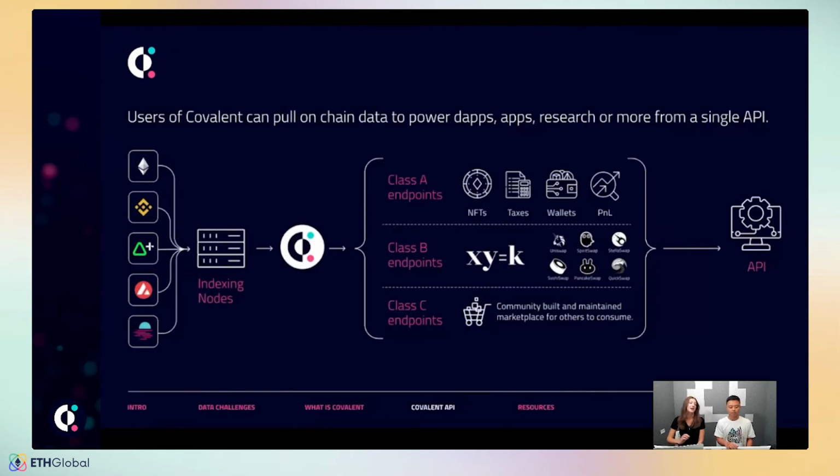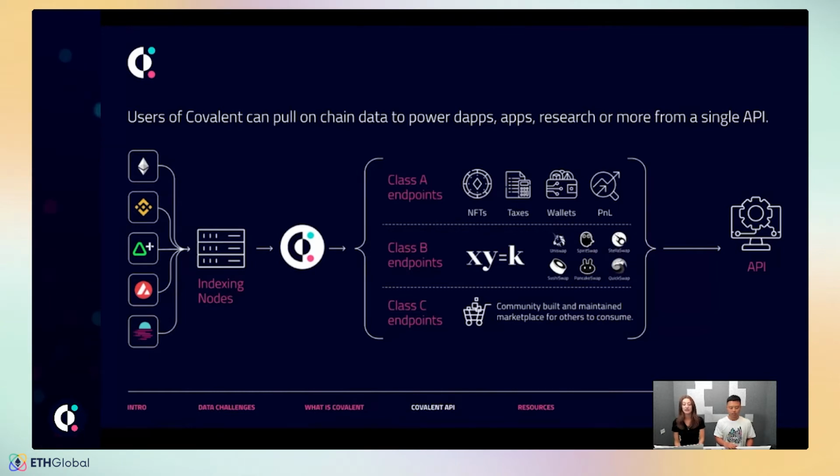Yep. So that brings us to the Unified API. As I mentioned, the Unified API just brings together different blockchain ecosystems under one tool. It aggregates APIs, as opposed to you using an Ethereum API, a Polygon API, an Avalanche API, and all of these different tools that you have to piece together. Instead, you're using one API and you change parameters. So this is kind of how it looks. You have blockchains on our left side, which is just an example of some of the ones that we index.